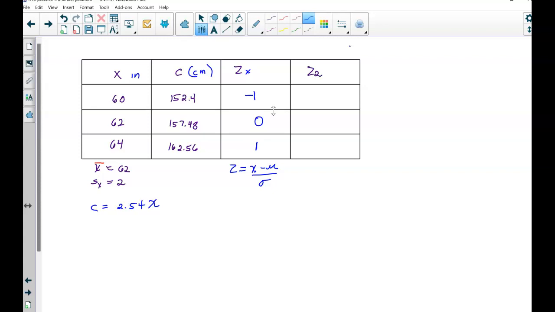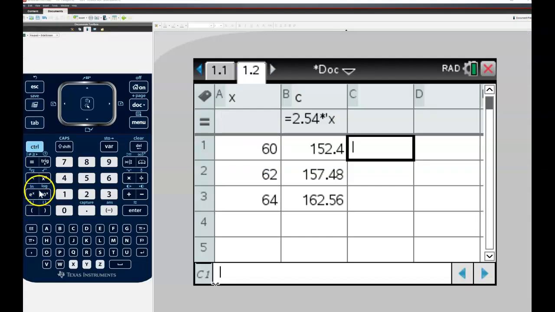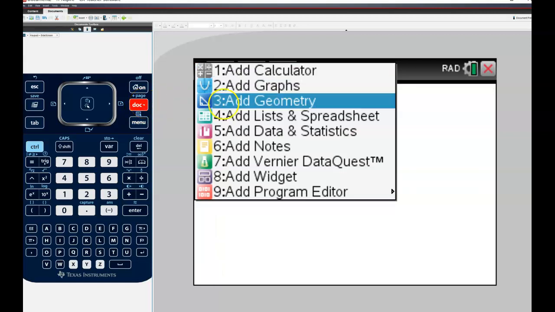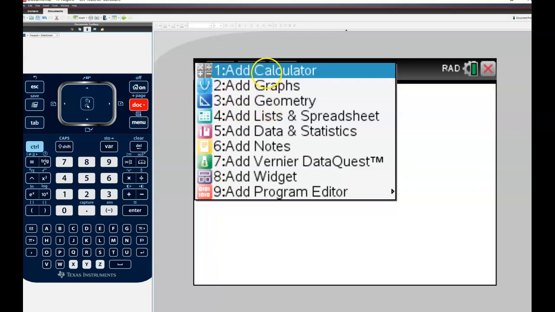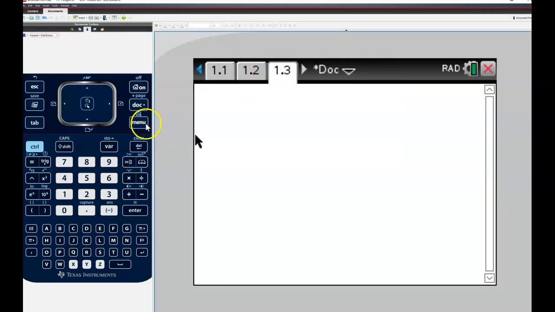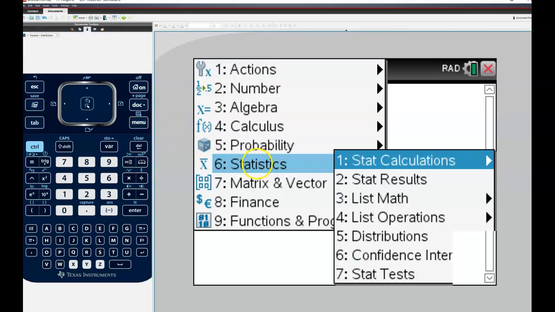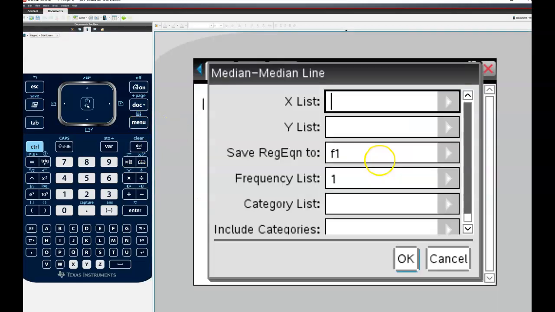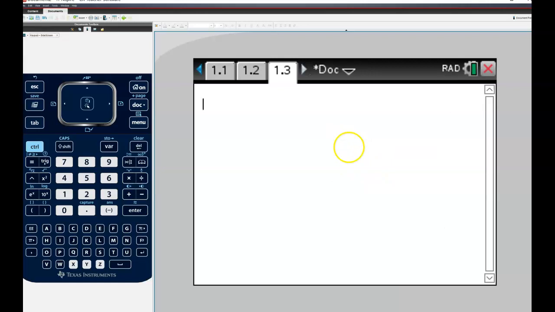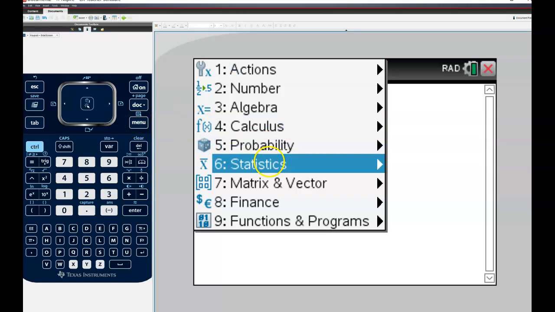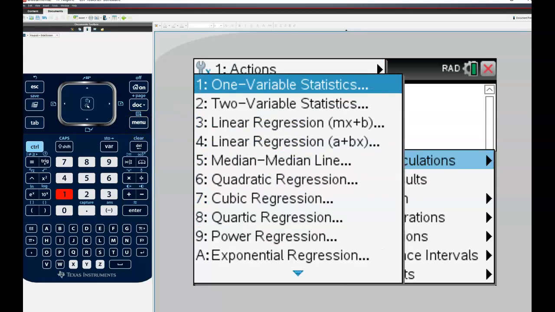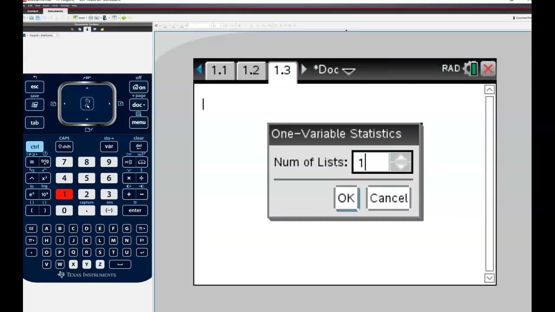Now I want to calculate the z-score for the centimeters. I'm going to do the same thing, calculating the mean and standard deviation in the calculator. I'm going to add a calculator page, and hit Menu, Statistics, Stat Calculations, One-Variable Statistics.